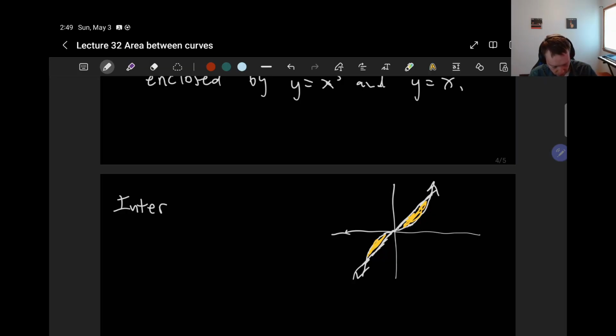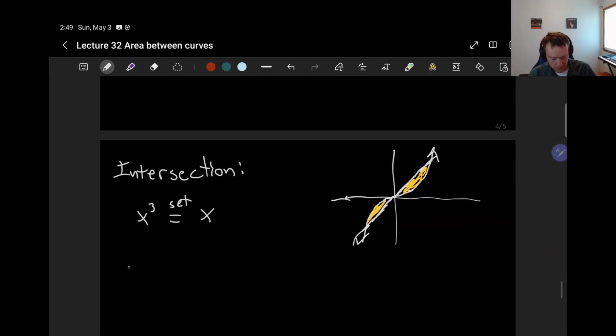So where do these curves intersect? We'll set them equal, x cubed equals x. Be careful. Do not divide both sides by x, because you're not allowed to do that if x is 0, and in that case we would be missing out on one of those intersection points.